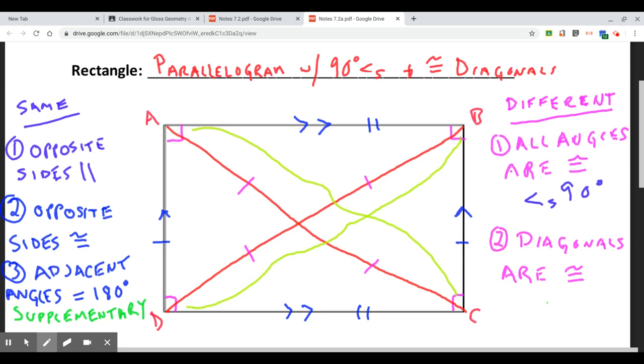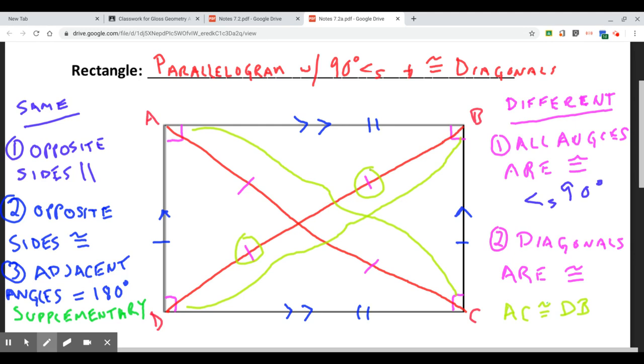So AC is going to be congruent to DB, and that also means they still bisect each other. So this segment right here is going to be congruent to this segment, as well as all the bisected segments are going to be congruent with each other.